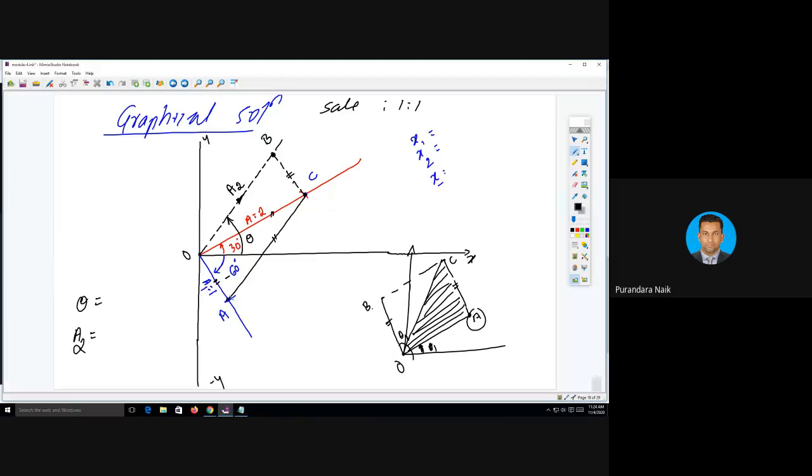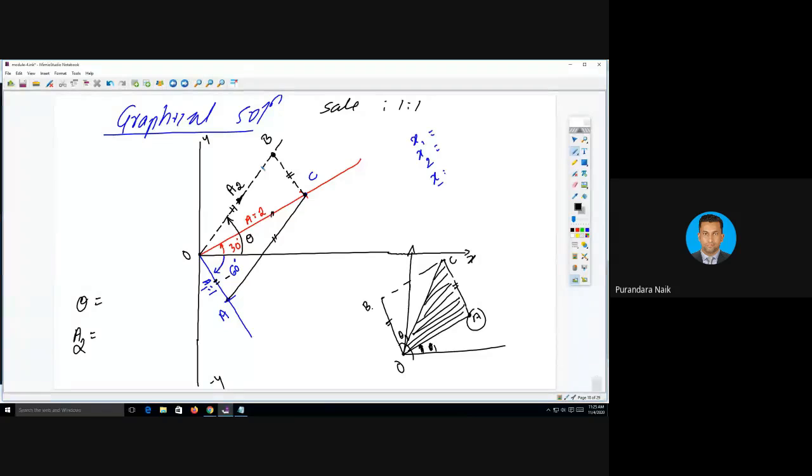And again, parallel to OA, you need to take one more line from C, that is BC. We'll get a point B, show it in the dotted line. Then the corresponding angle is theta and the length is A2. Measure A2 and theta, and you will get the answer.